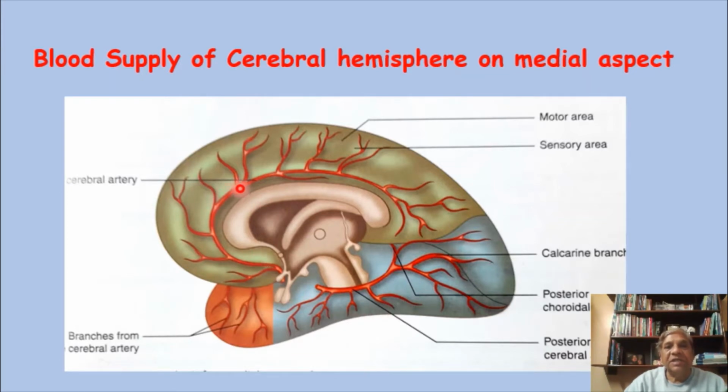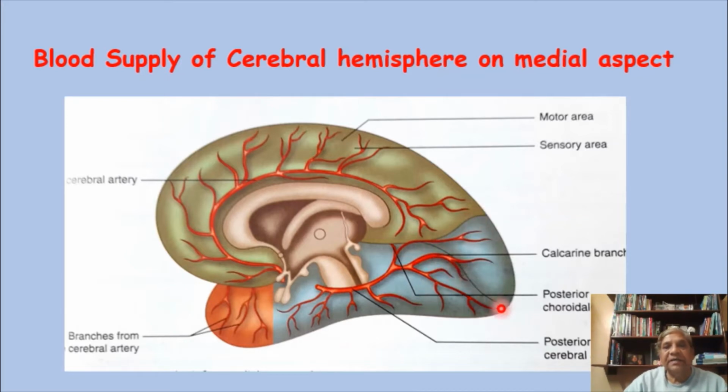Now this is the cerebral cortex, which lies just in front of the genu, and above the body of the corpus callosum, and this is the part which lies posterior to the splenium. This is the parieto-occipital sulcus.